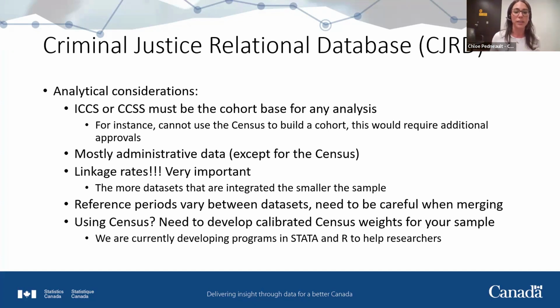For example, if you're linking to the tax files, the T1FF, and you're interested in a given tax year, there's a proportion of the sample who won't have filed their taxes in that year. So you may want to make adjustments to include a range of tax years, for example, to increase the proportion of individuals for whom you have tax information.